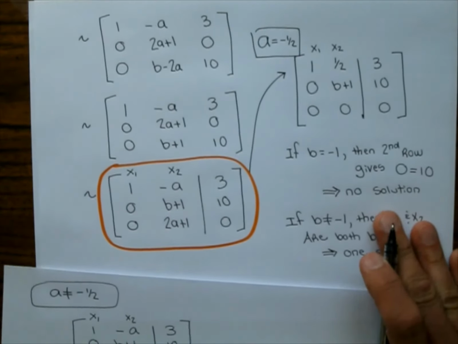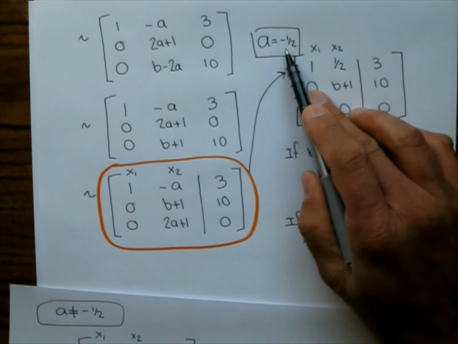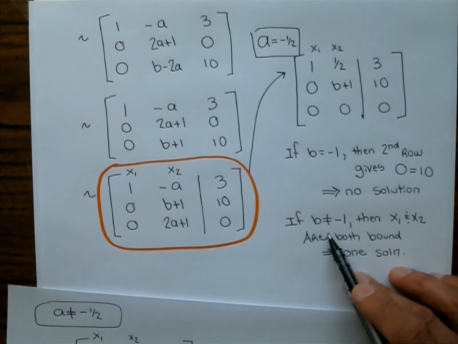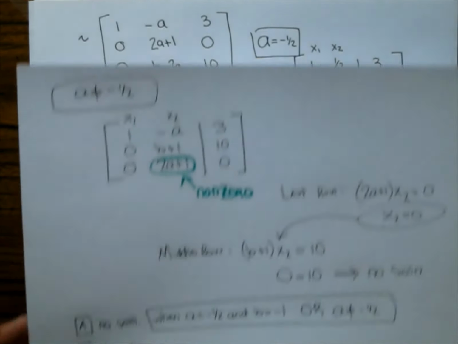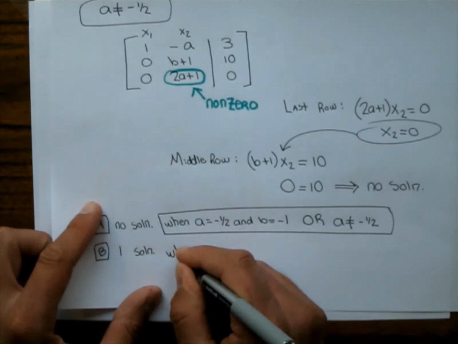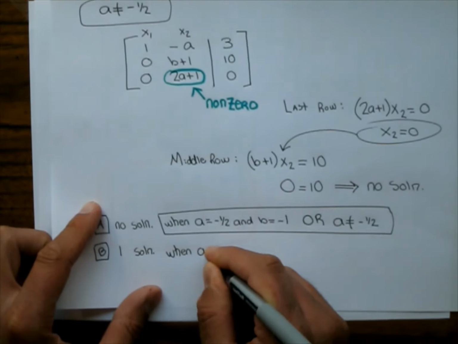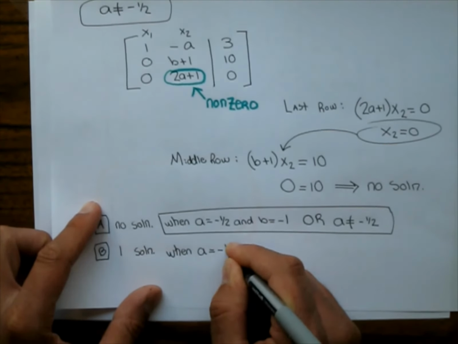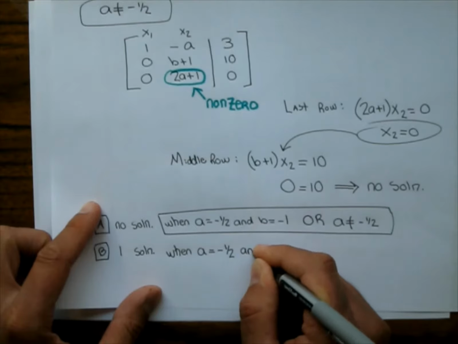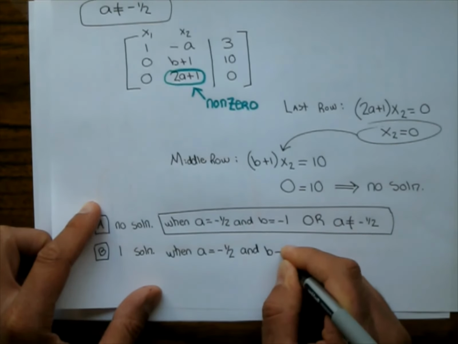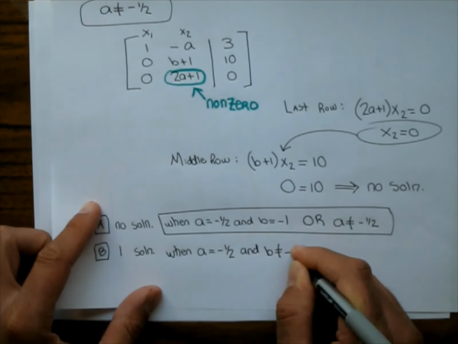One solution happened when a equals -1/2 and b does not equal -1.